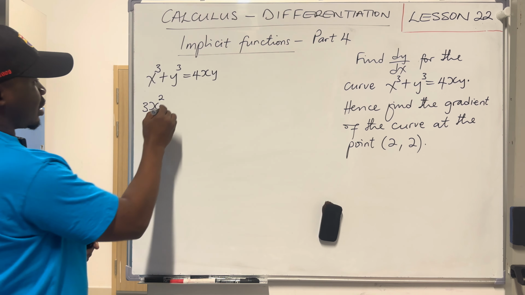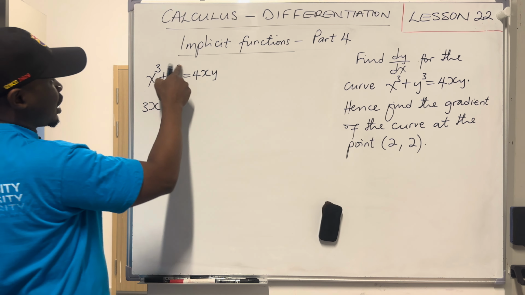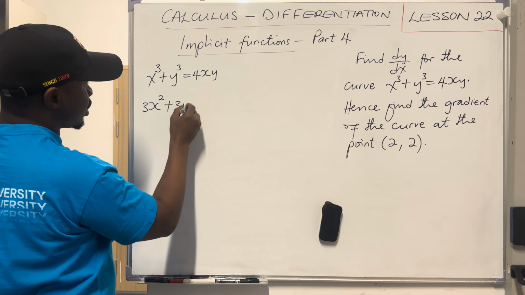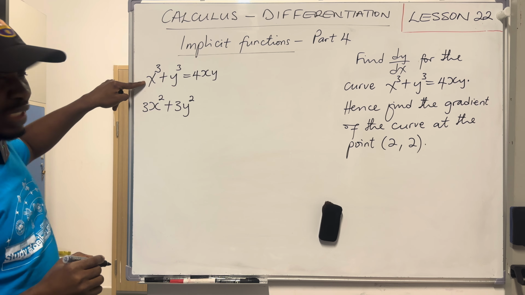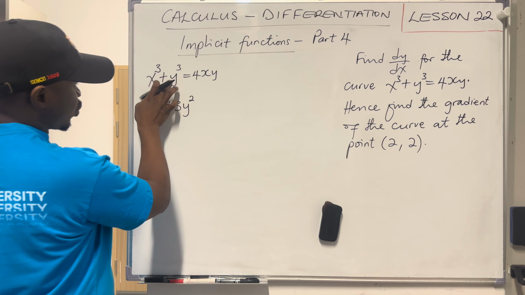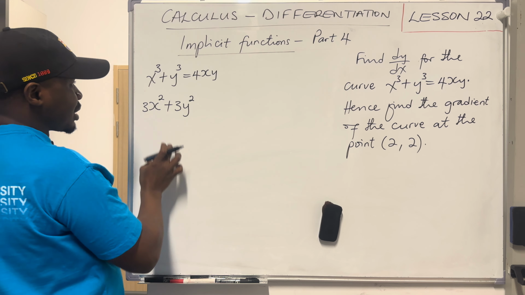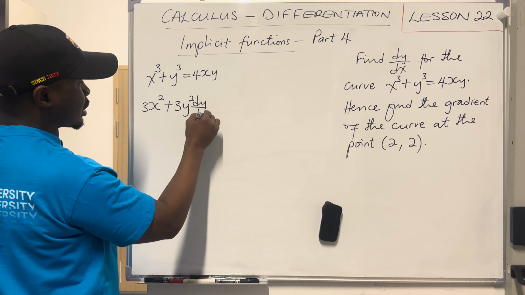We want to differentiate y. We do the same as we did here. 3 times 1 is 3, 3 minus 1 is 2. But because this is y, we don't stop here. Each time you differentiate y, you are charged dy dx.